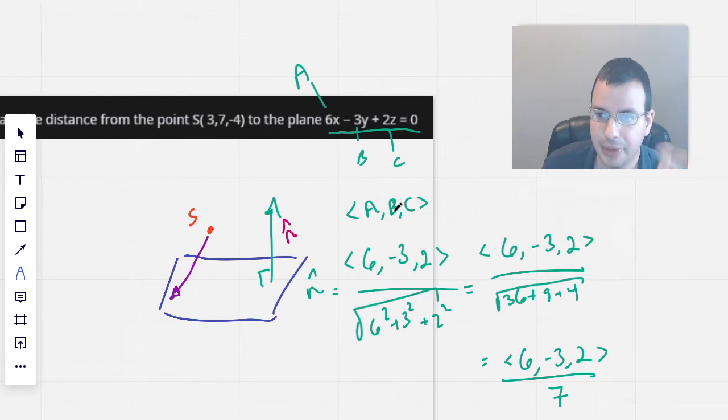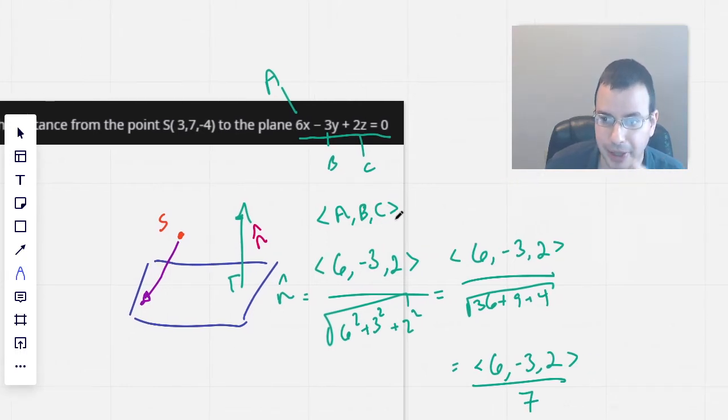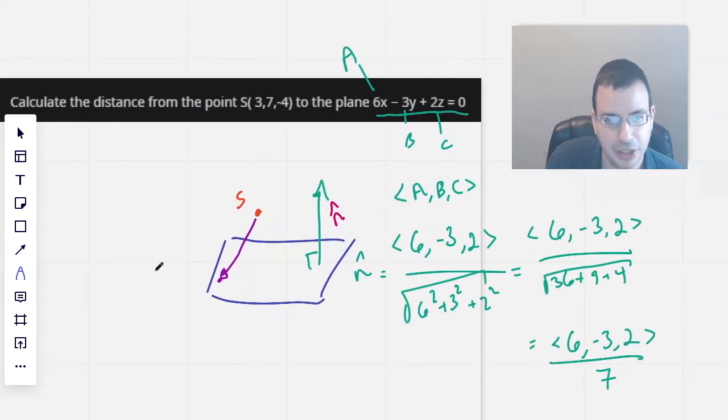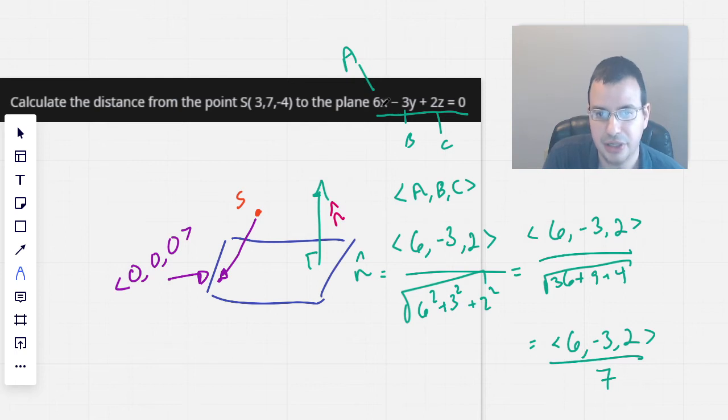I can put in any combination of x, y, and z to find a point on the plane, so to do it easy, I'm just going to put in 0 for all of them. I know there is a point on the plane of (0, 0, 0), because I put in 0 for x, 0 for y, 0 for z, and I get 0. So (0, 0, 0) is a possible solution to equal 0. So this is on the plane.